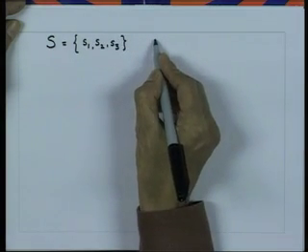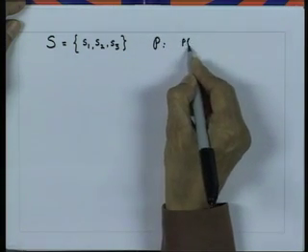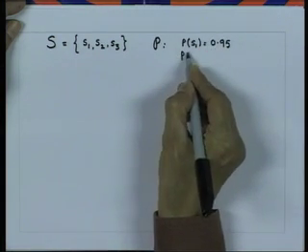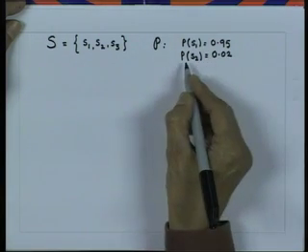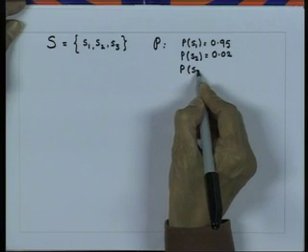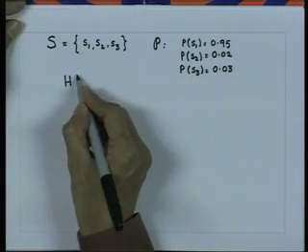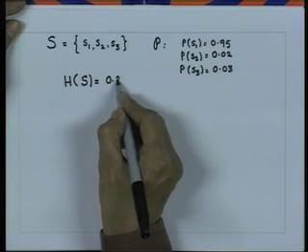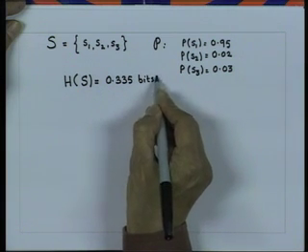Let us assume the probability model for this source is given as: probability of S2 is equal to 0.02 and probability of S3 is equal to 0.03. Now, the entropy for this source can be calculated, and this is equal to 0.335 bits per symbol.